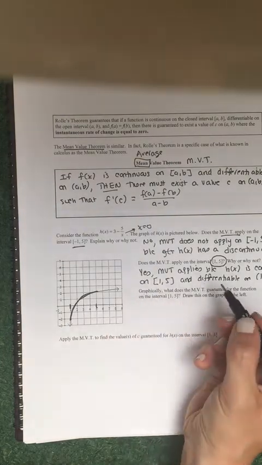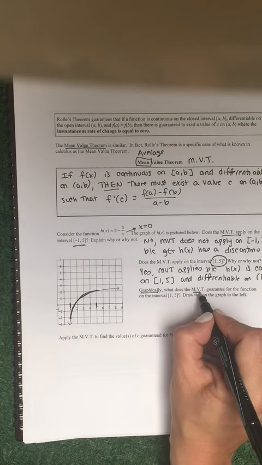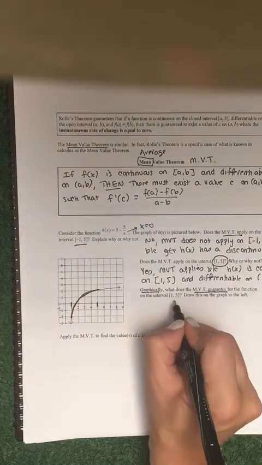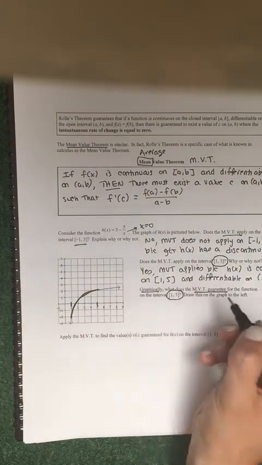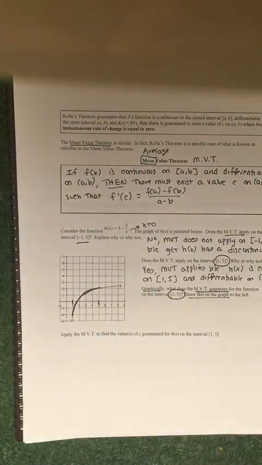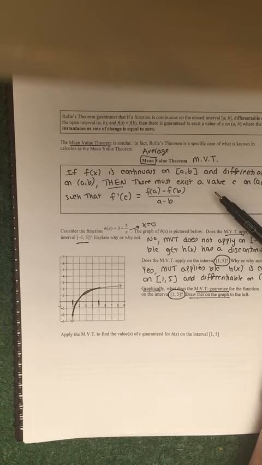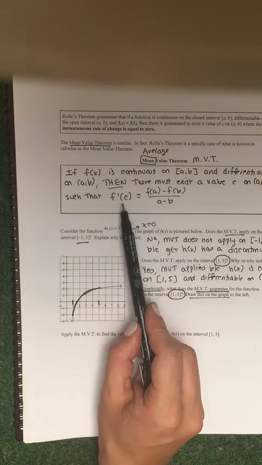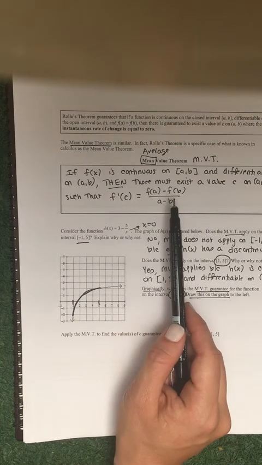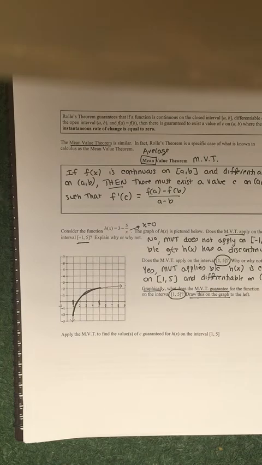Now, thinking graphically, we want to know what does the mean value theorem guarantee for the function on the interval, and we're going to see if we can do a little bit of drawing to help us with this. Like we were saying up here, mean value theorem says that the instantaneous rate of change at a particular point is equal to the average rate of change over a closed interval.